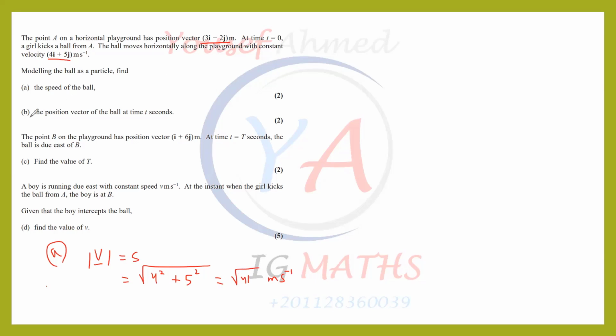To find the position vector of the ball, we will work on getting R equals R node plus Vt. We have R node, which is 3i minus 2j.